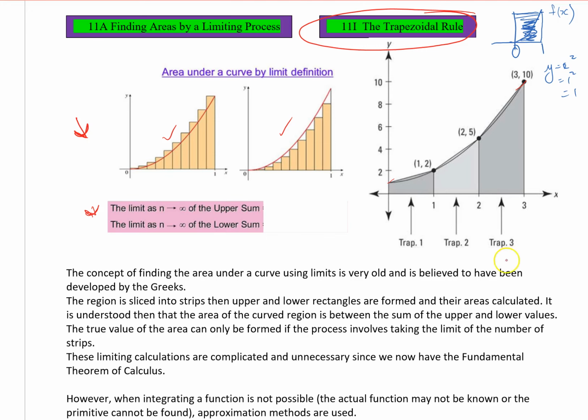You might be wondering why we have a method for approximating the area under a curve when we've got the calculus that enables us to find the area under a curve. Well, it's because we may be faced with a function that it is not possible to integrate. End of story. So we have to have some other methods. I'm going to stop the video and talk about the trapezoidal rule in another video.